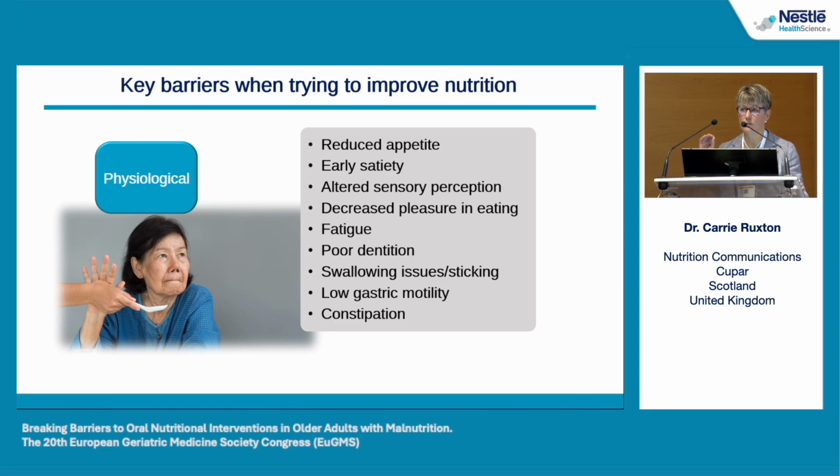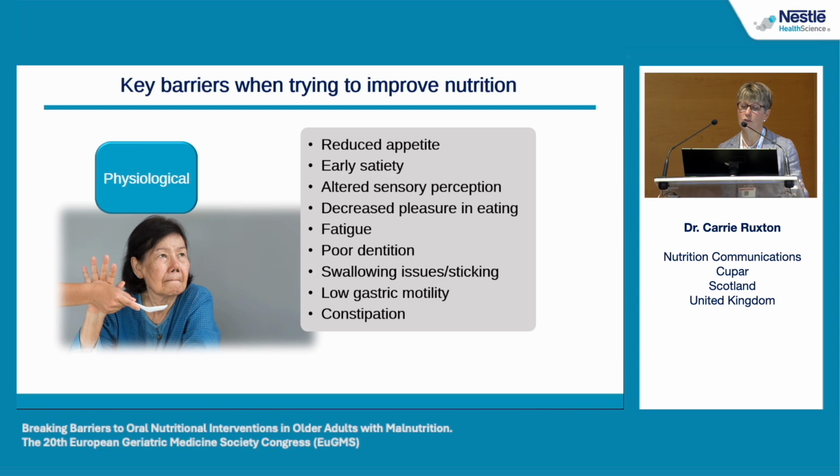That means you need to give them smaller portions, more energy-dense foods. They could have an altered sensory perception that perhaps, for example, they don't feel thirst as strongly as younger people. They might prefer sweet foods and not be able to taste some of the more complex tastes in food. They might have fatigue, which means that they're then too tired to eat a full meal.